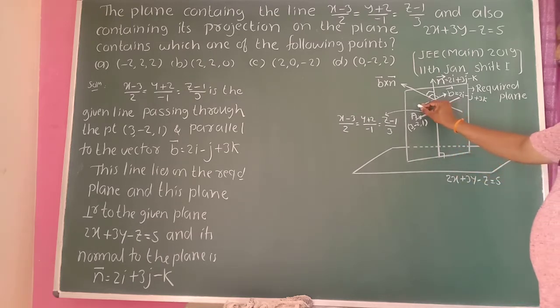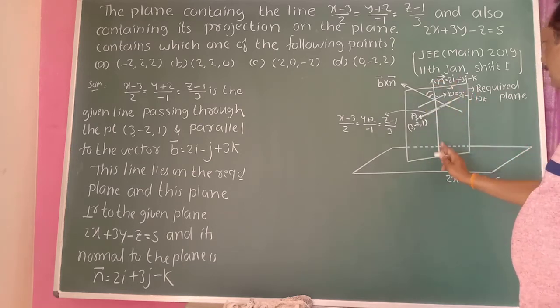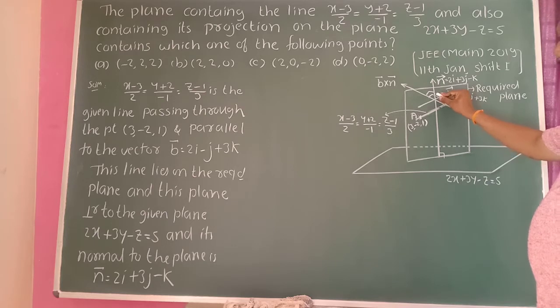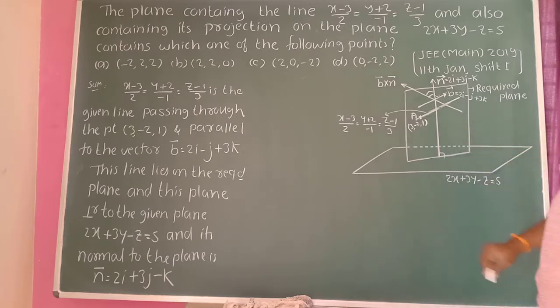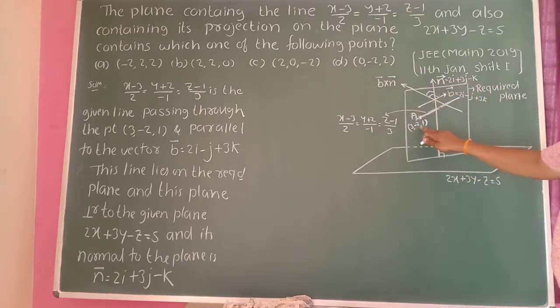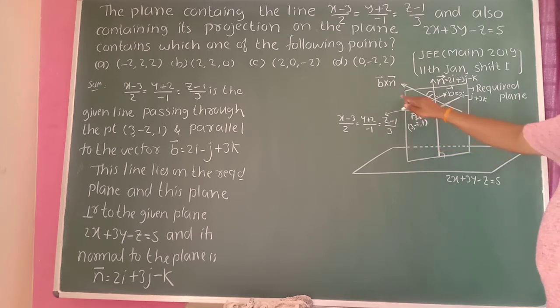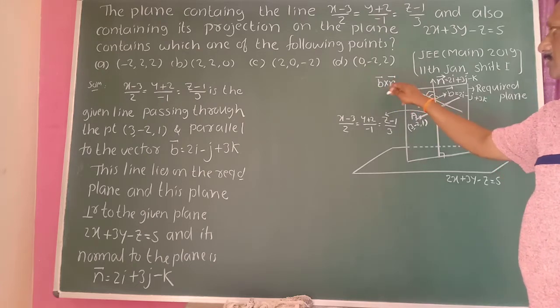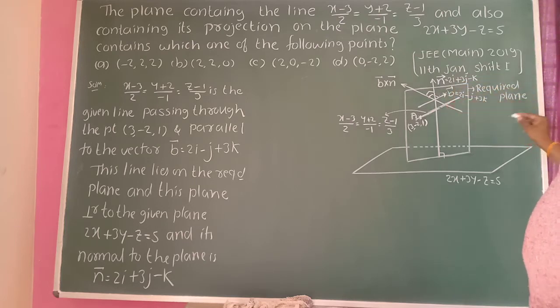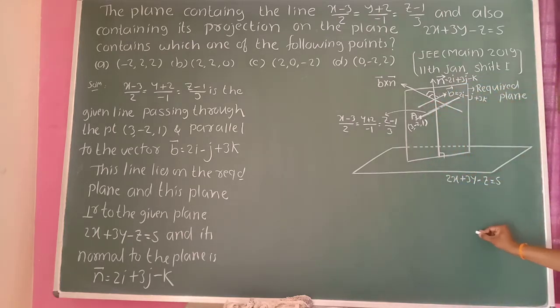Here b bar is along the required plane, and n bar also lies along the plane, so b bar and n bar are two vectors here. Therefore, the vector b bar cross n bar is perpendicular to both b bar as well as n bar.